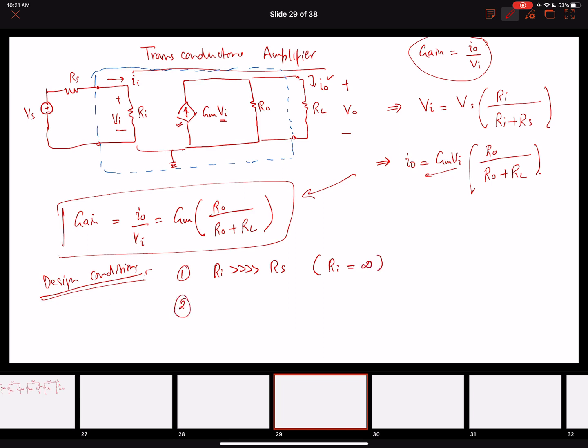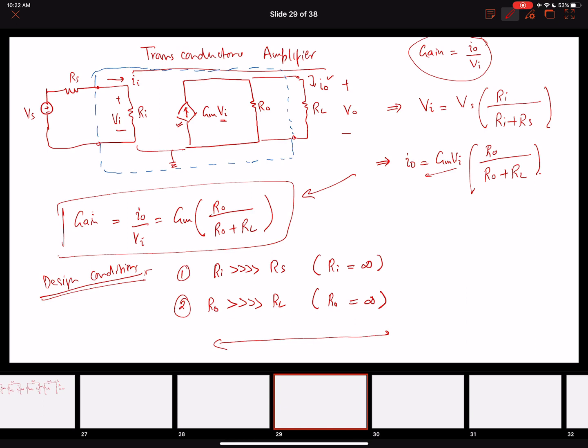And second, since we have a current output, our output resistance should also be very, very larger than the load resistance. So we want our output resistance to also be equal to infinity, similar to the current amplifier. So this is how we can analyze a transconductance amplifier and find out its conditions.